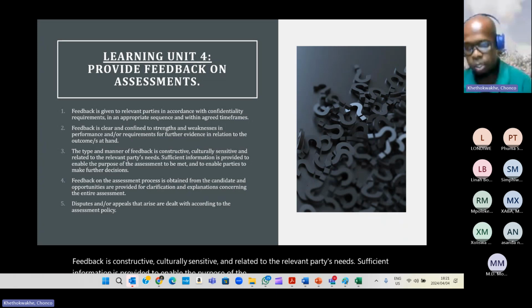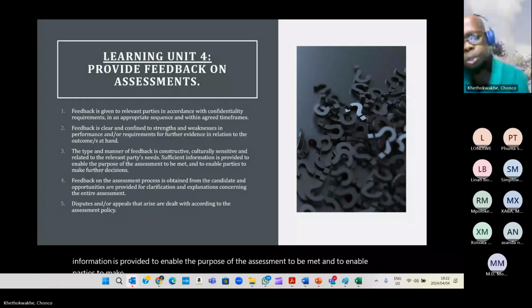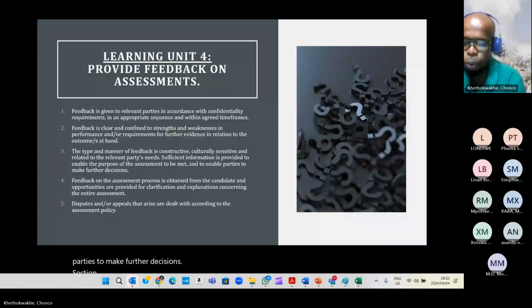further decisions. So this section also looks into when you're providing feedback, you must be sensitive to a number of things.